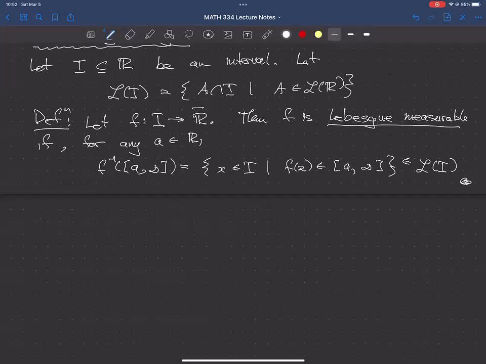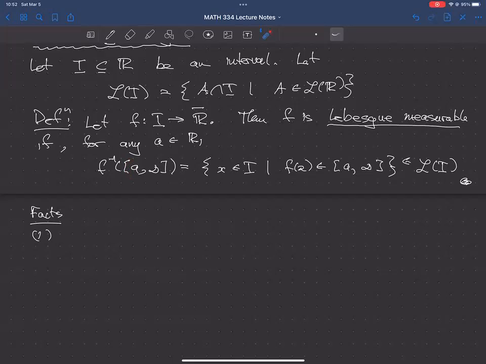Some facts. First, there's nothing magic about using intervals. We're using intervals here, possibly extending off to infinity, or as we'll see, possibly minus infinity. There's nothing magic about using this particular semi-infinite interval.